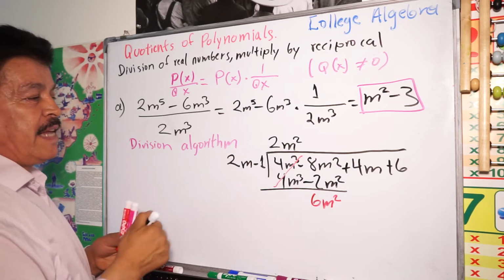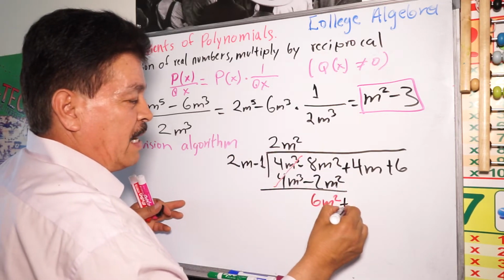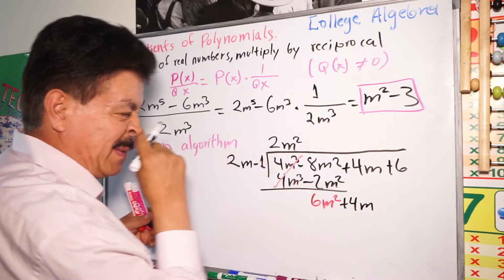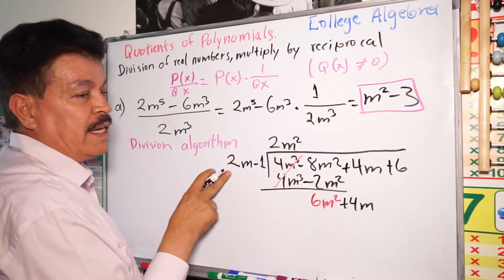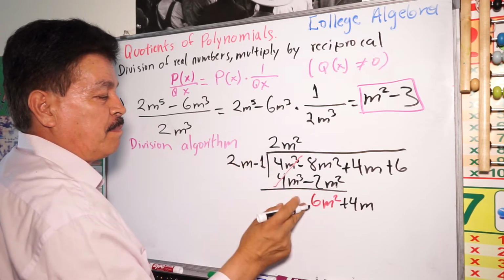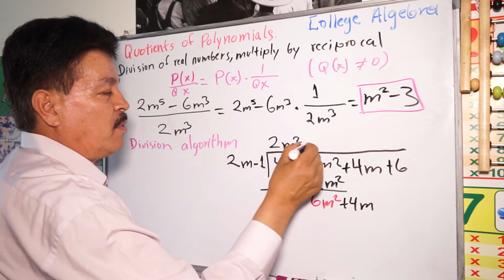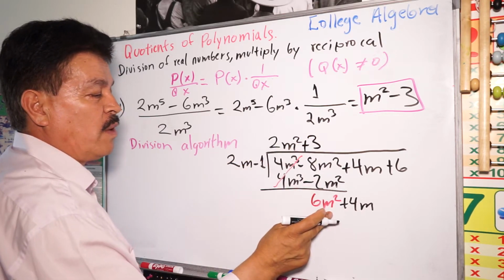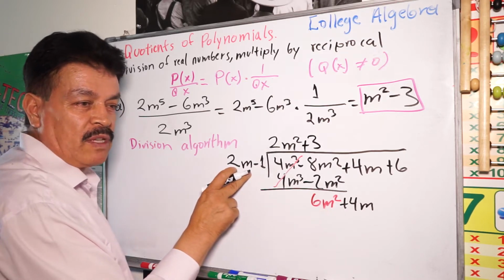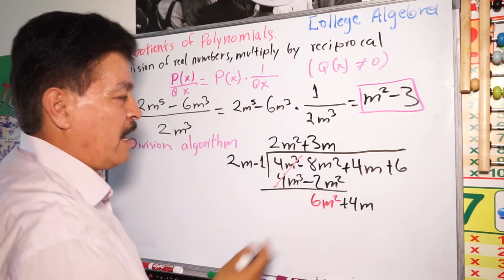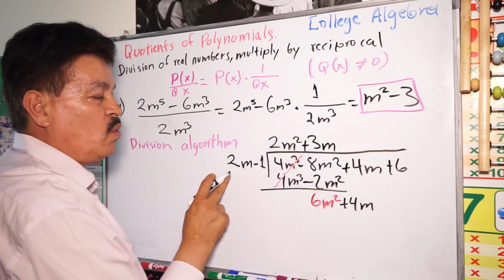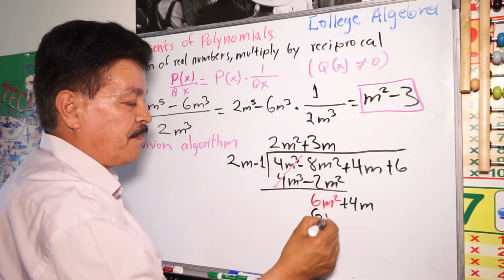Now bring down the next term, plus 4m. Now divide 6 by 2, which is 3, positive divided by positive is positive 3. m squared divided by m to the first power is m. Now multiply: 3 times 2 is 6.